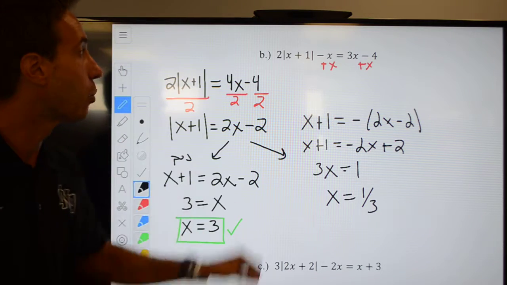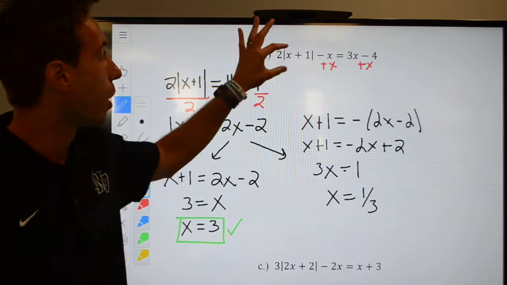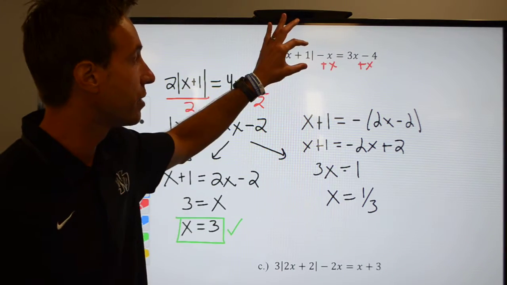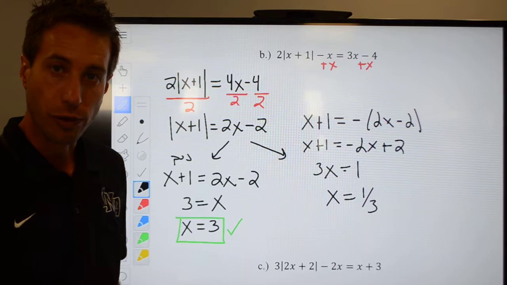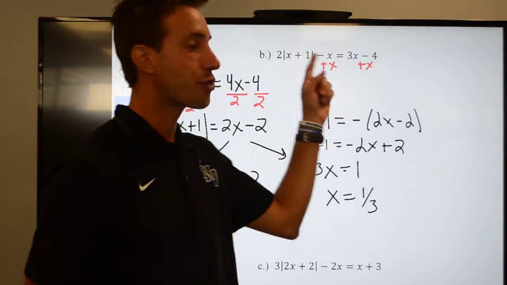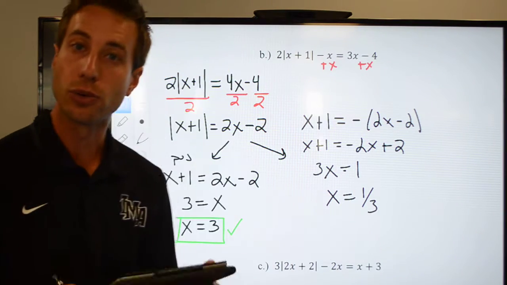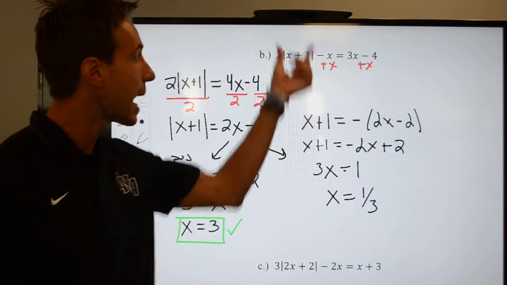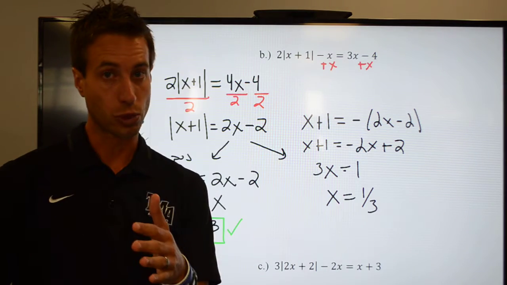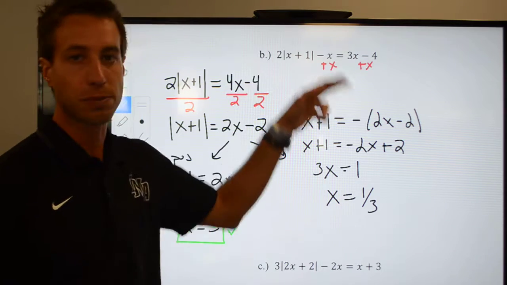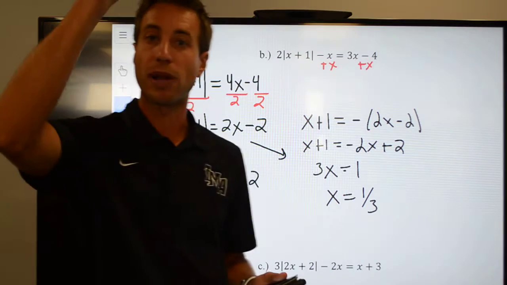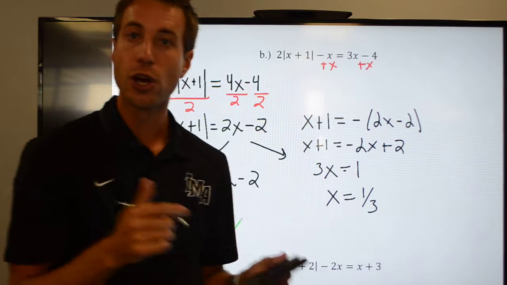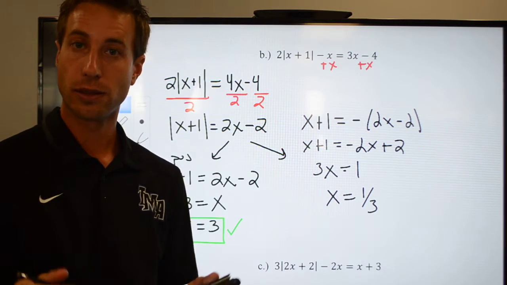All right, if I plug a 1/3 in for x, 1/3 plus 1, well, I need a common denominator. So I'm going to turn this into a 3/3. That's going to give me 1/3 plus 3/3, which of course is going to be 4/3. So I take the absolute value of 4/3, which is 4/3, and I multiply by 2. The 2 gets multiplied into the numerator, so 2 times 4/3 would be 8/3.